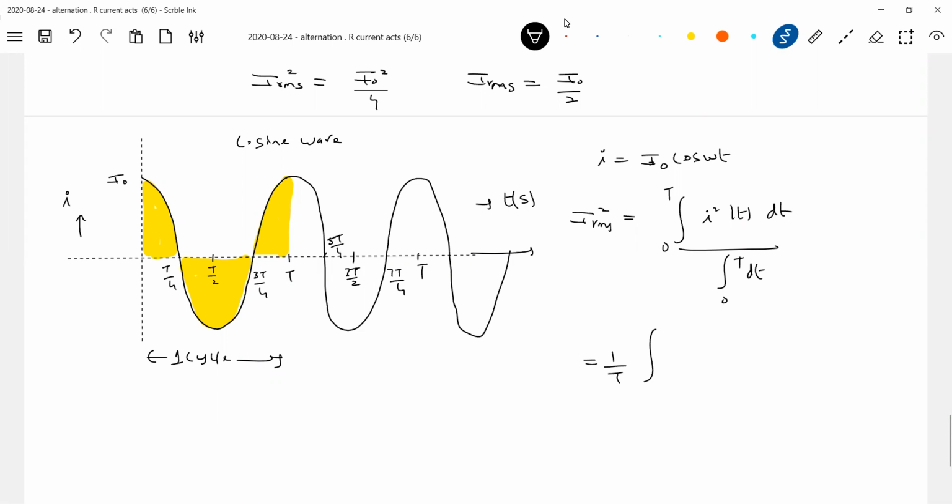The numerator will be 1 by T. I naught square I'll bring outside.